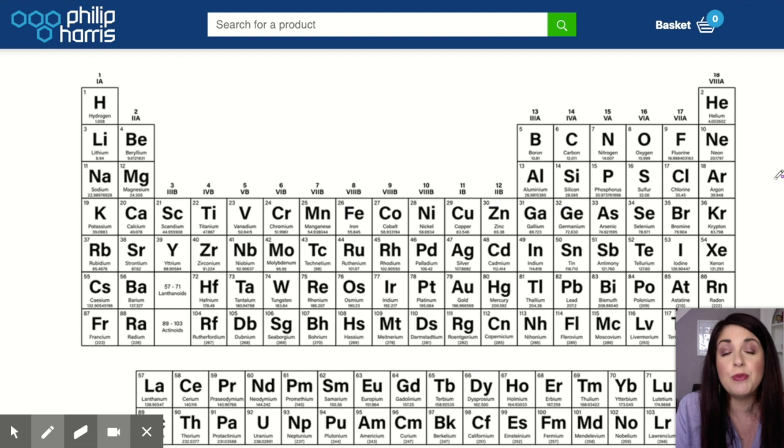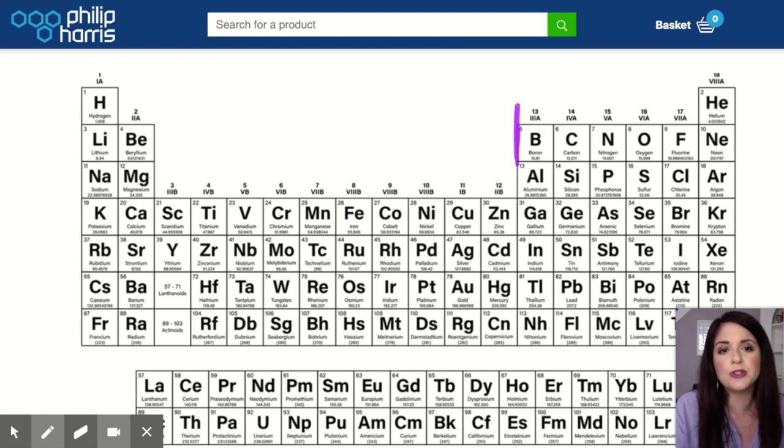Something else I should tell you that's really important is how to determine where your metals and nonmetals are located. The way I always remember where they're located is because there's the staircase in the periodic table. Most periodic tables are not going to have the staircase drawn out for you specifically, but it's really easy to know where it goes. You always start on the outside of boron.